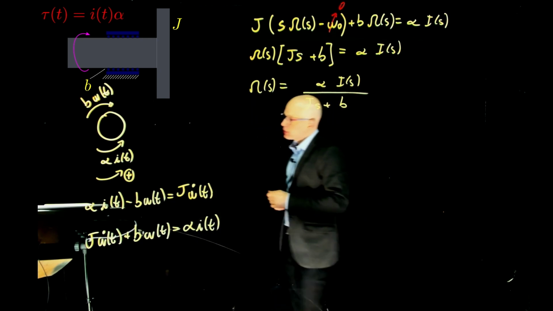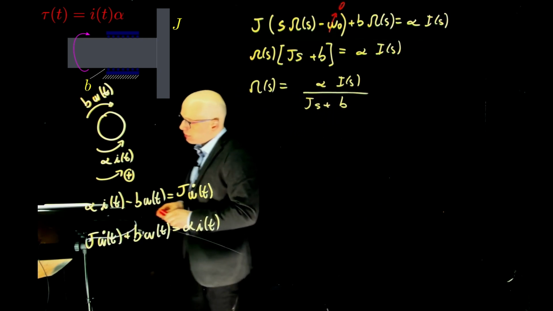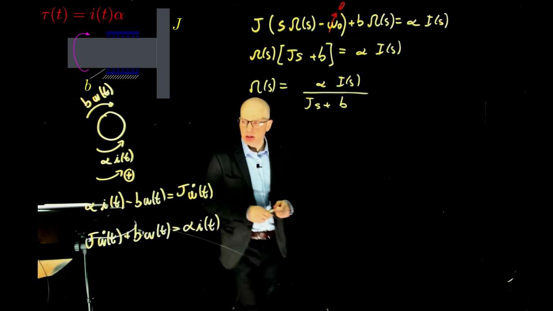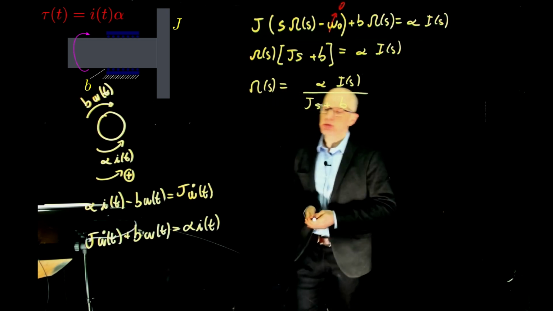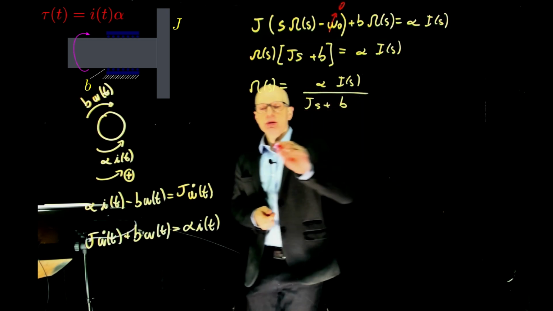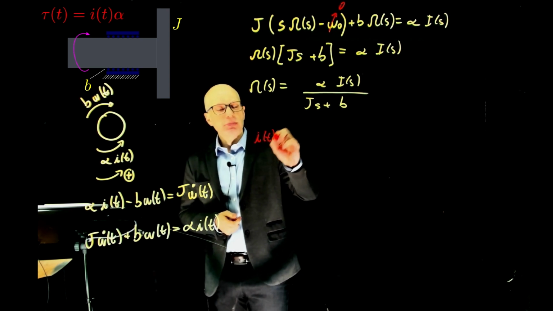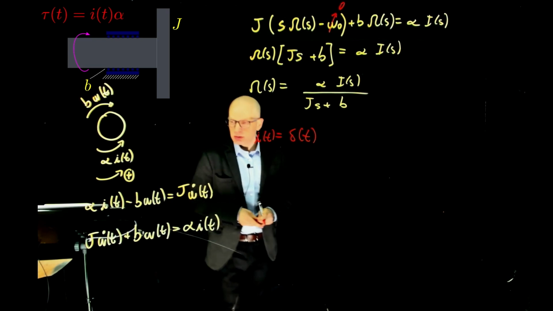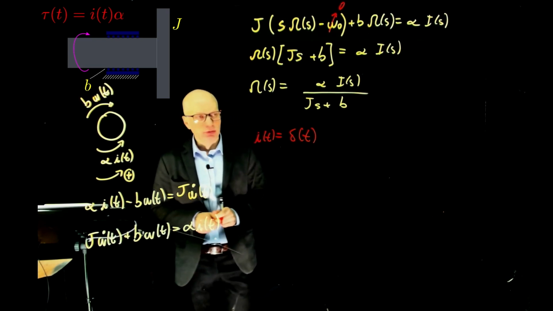Now the first question says, calculate the response of the load to an impulse current, or the impulse response of the system, in other words. For an impulse response, the current input is simply the function delta of t, the Dirac impulse function.